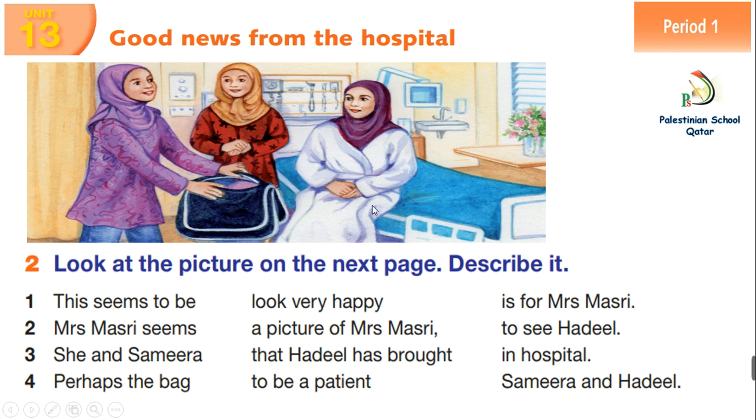Maybe this woman was sick, and she wants to go out, for example. Yes, look at the picture on this page, describe it. This seems to be a picture of Mrs. Masri that Hadil has brought to be a patient.